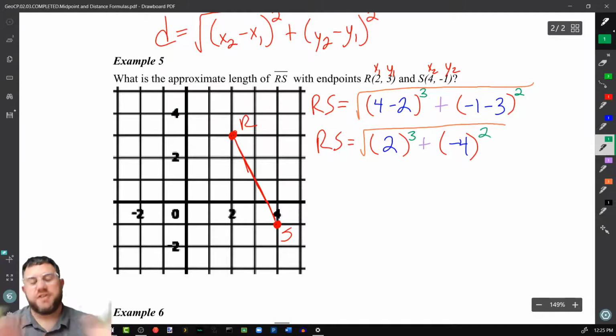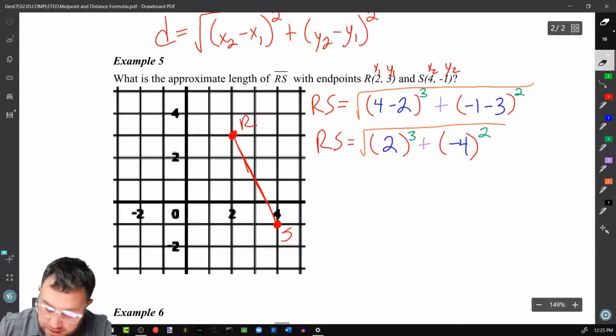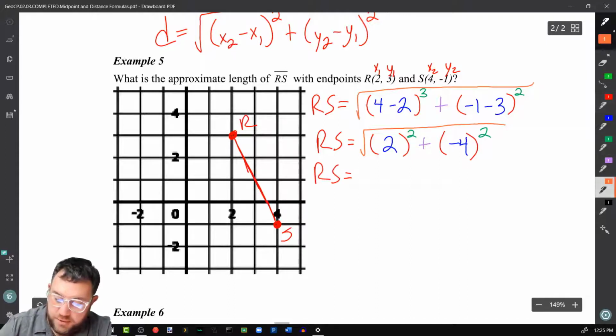Okay, so the first step I did what's inside those parentheses. Both of them are going to be subtraction problems. The next thing I'm going to do is square these, and I just realized I wrote the wrong number down there. So the next step will be to square both of those.